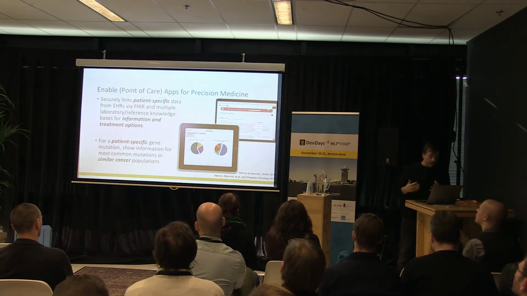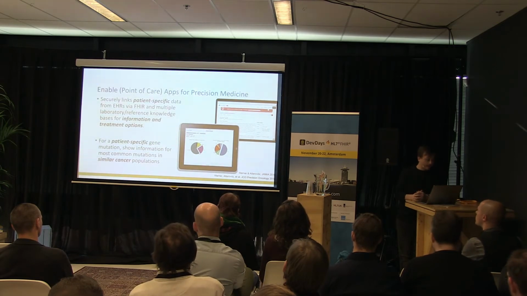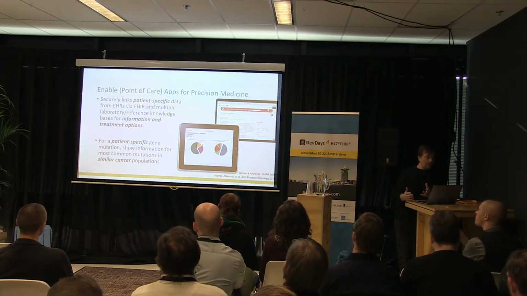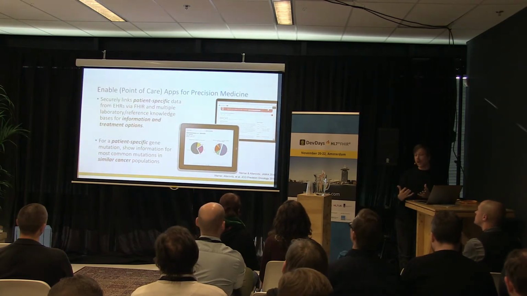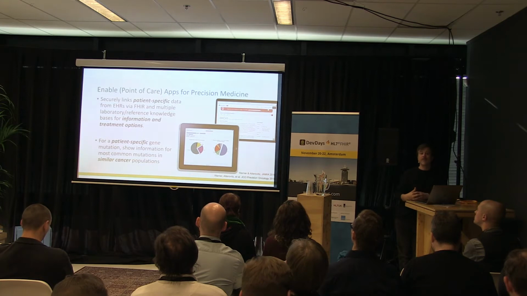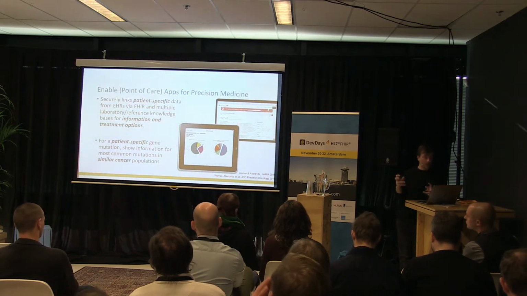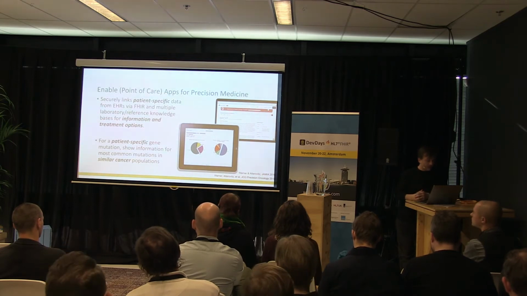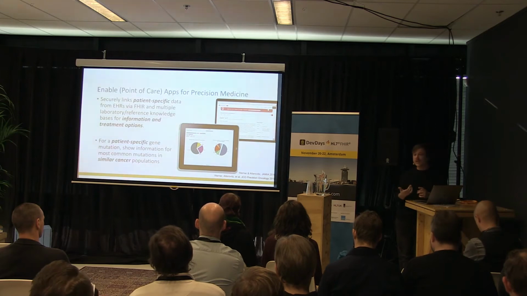So back to the point of care, it is basically the same as for the tumor board. We are linking the patient-specific data to reference knowledge, in the best case to give additional guidance to the physicians and create even more knowledge, or information at least. For a single patient, we can show the information of the variants.